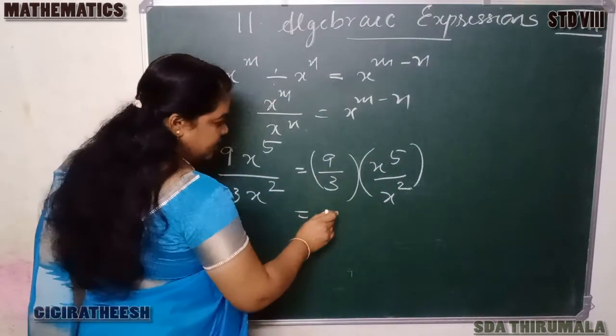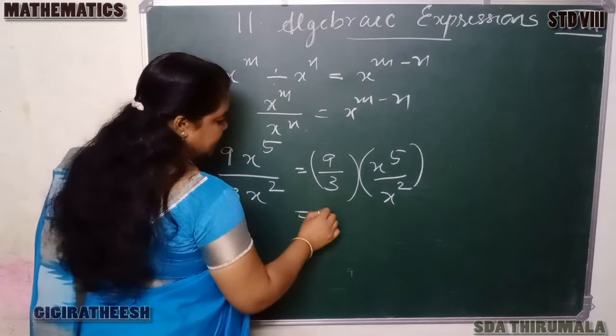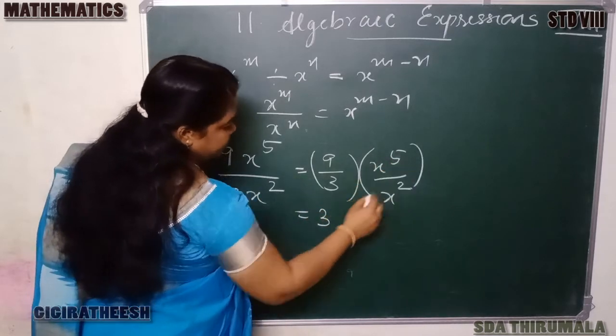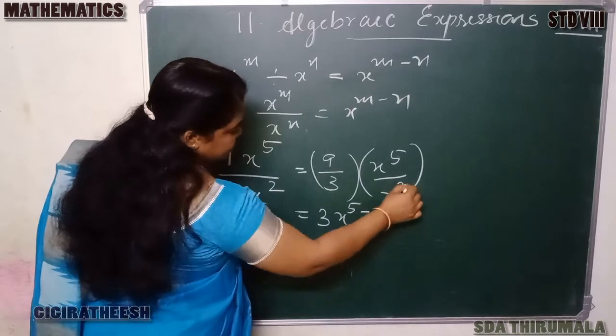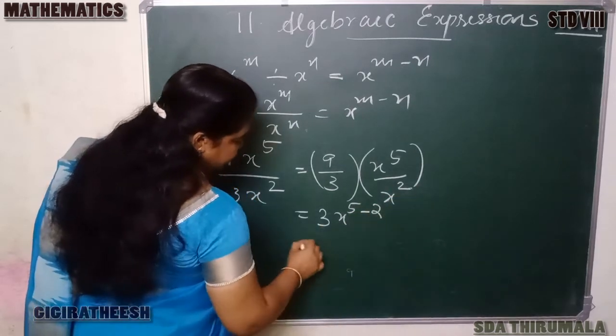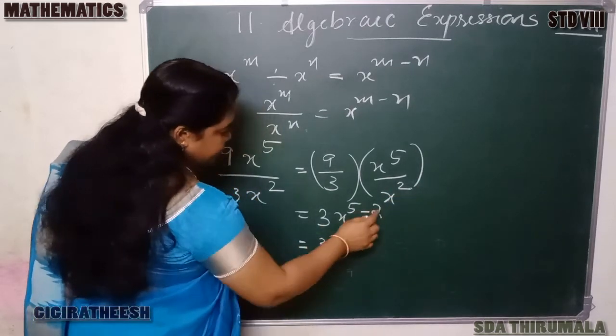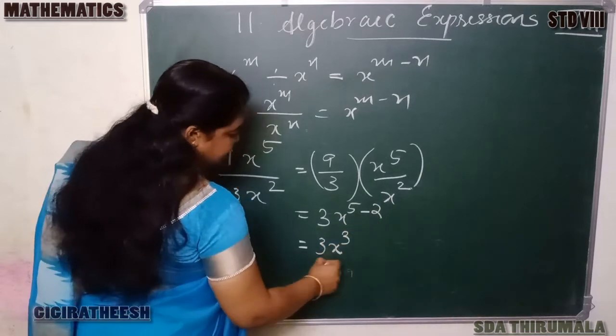What is 9 divided by 3? Yes, 3. And x raised to 5 minus 2 is x cubed, that is 3x cubed.